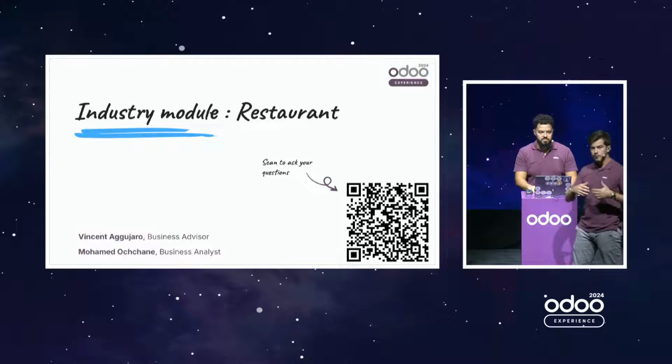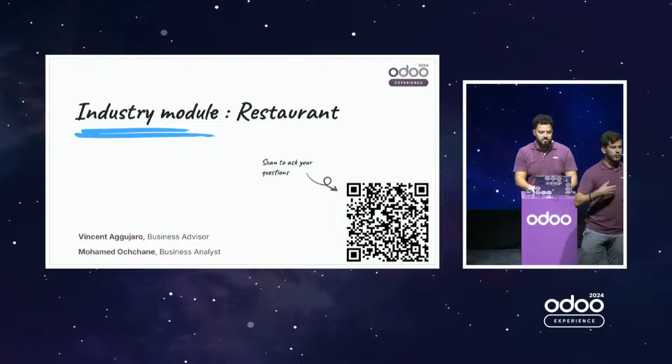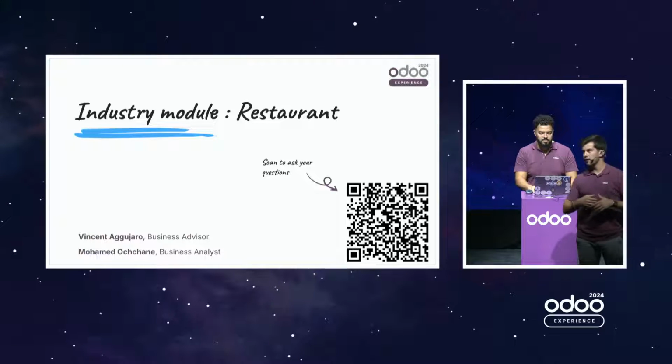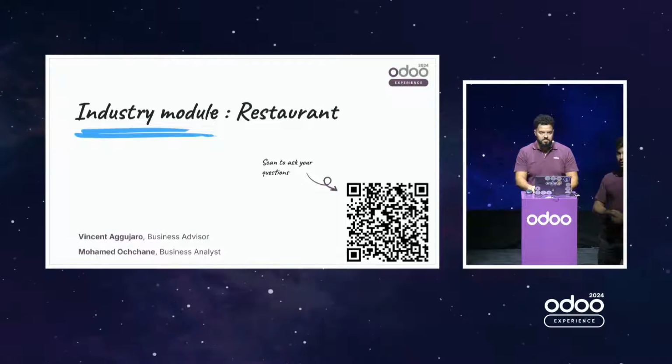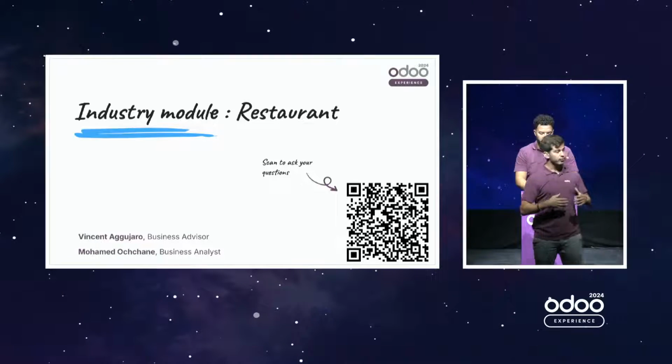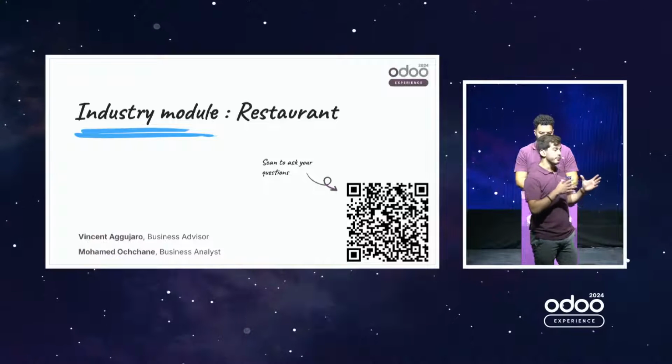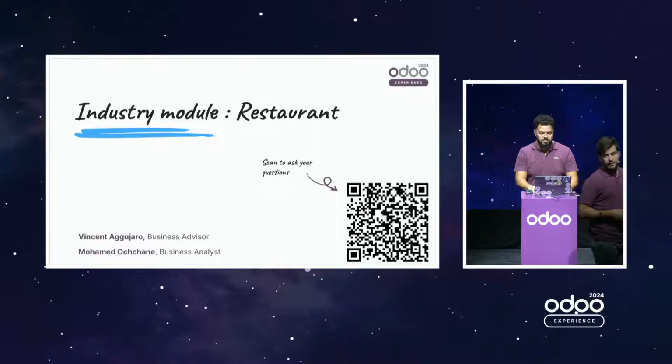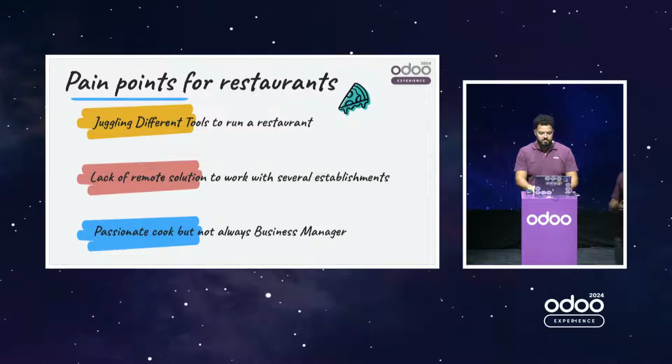So to begin, why is Odoo giving this tool to restaurants? It's simple. From the beginning, Odoo wanted to help small and medium companies, and that's the case for most restaurants and bars.